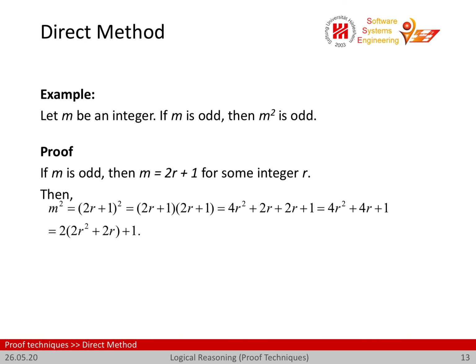We can then use this to rewrite it into the form m square. We replace it here by 2 times r plus 1. We then transform it using our background knowledge about mathematical theory and come up with this formulation, which again shows this is an odd number.